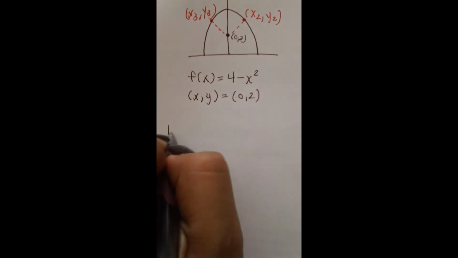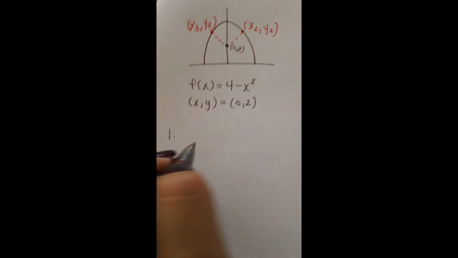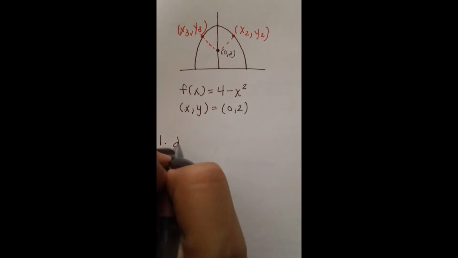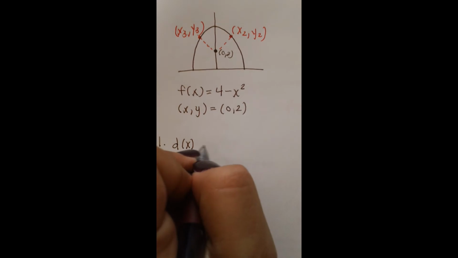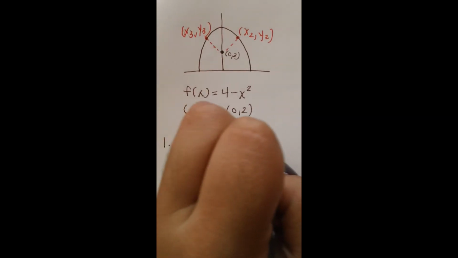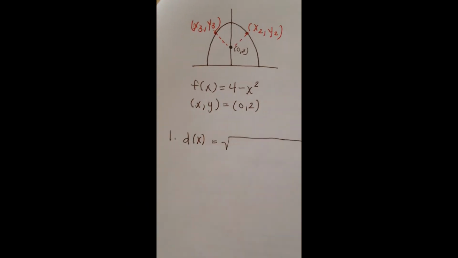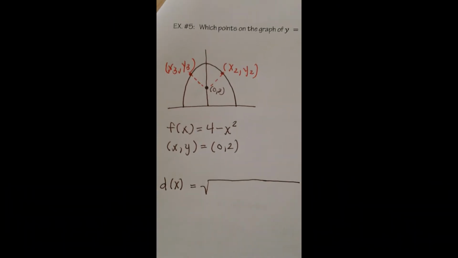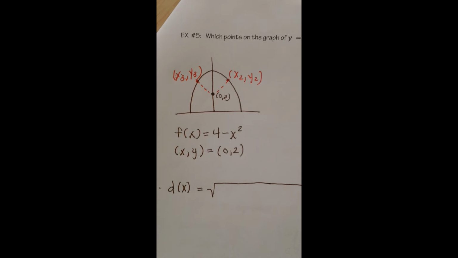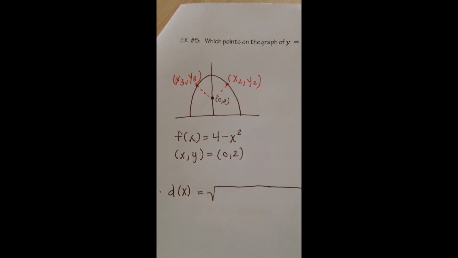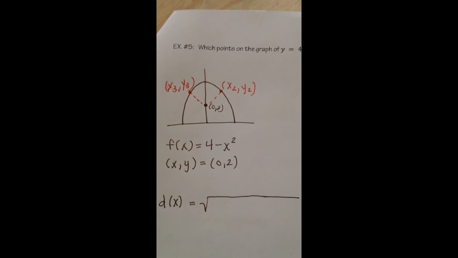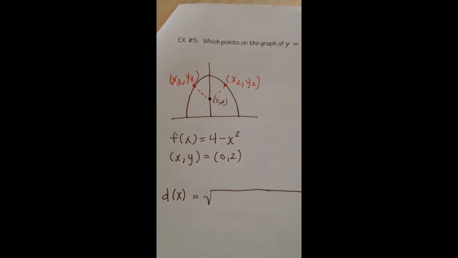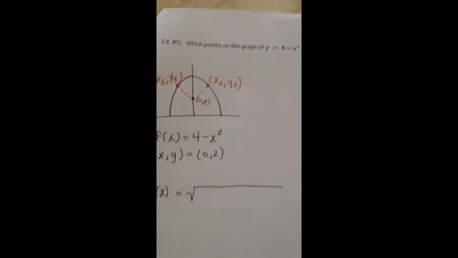So what we're going to do first is we're going to use the distance formula, which is the square root of x2 minus x1 squared plus y2 minus y1 squared.